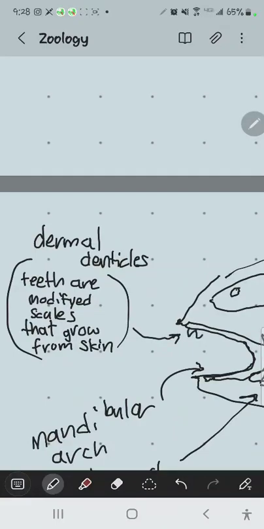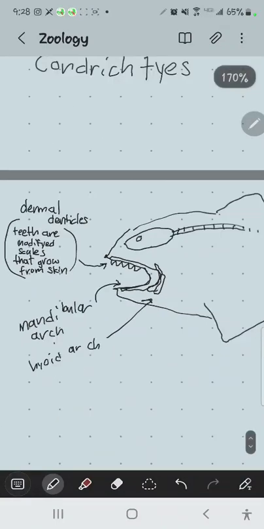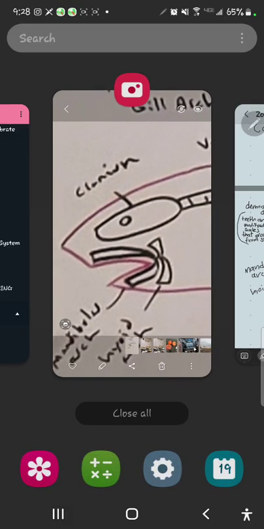So that'd be a good test question. I said the structure in A is the mandibular arch, but the letter A is pointing to the teeth, which are modified scales. They're essentially scales formed into sharp structures, grabbing prey and chewing on chunks of meat.